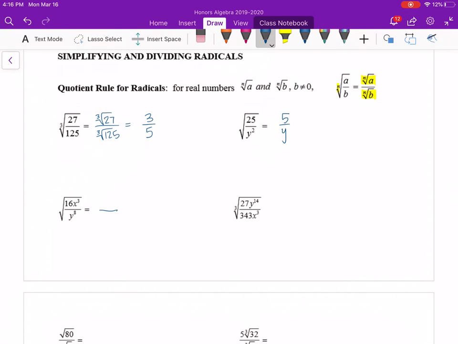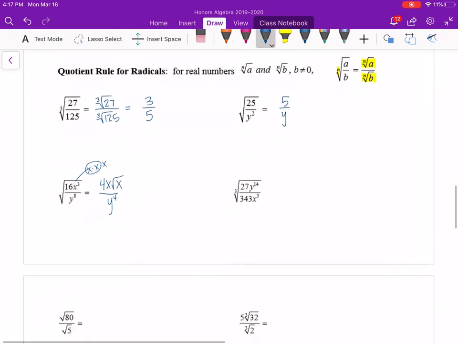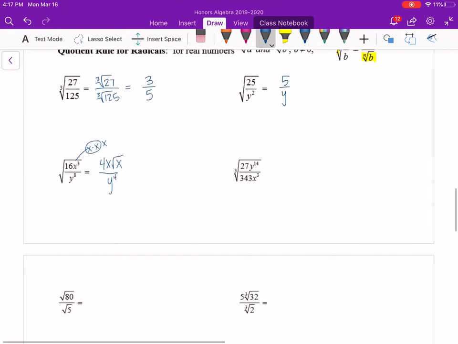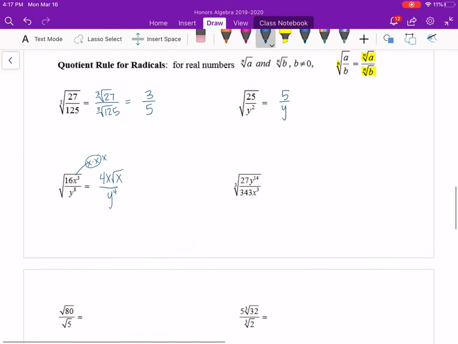It stays either in the numerator or the denominator. So the square root of 16 is 4. The square root of x to the third is x, but there's going to be one left over. If we think about, we have one pair of x's, but one left over. And that's fine. All right, I'm going to let you try this next one, or pause something, and then check.